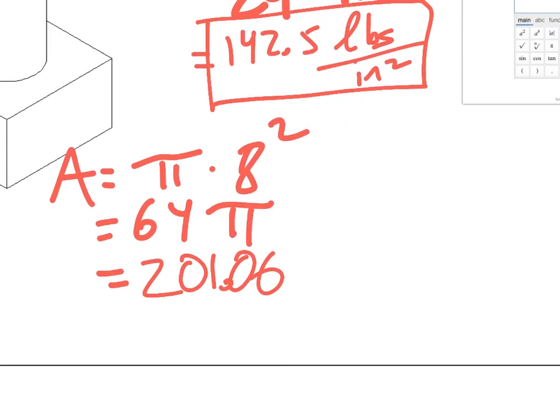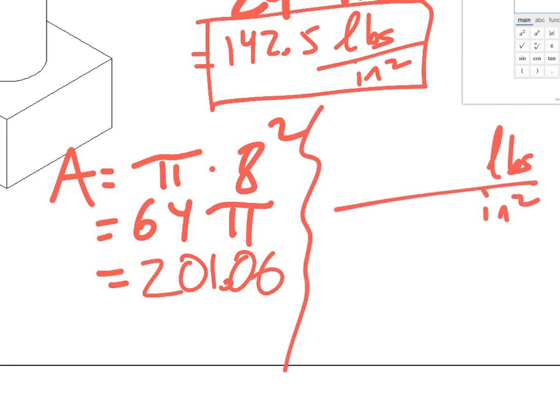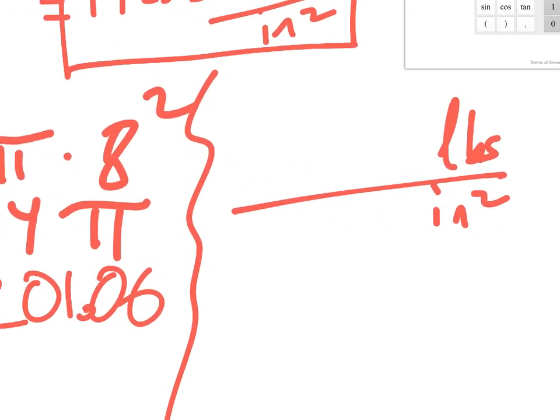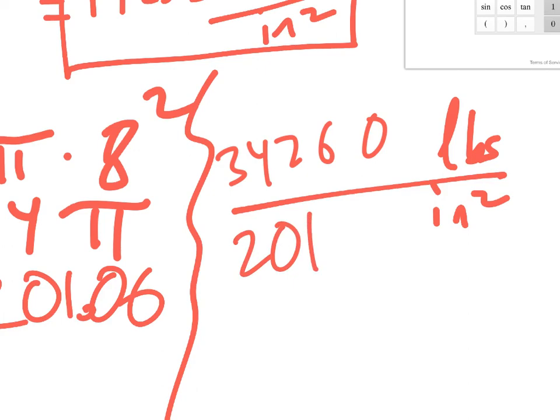Now let's find the pressure, right? We're going for pressure, which is pounds per square inch. Okay, well, we know that it was how many pounds again? We know that it was 34,260. Divide that by 201.06.